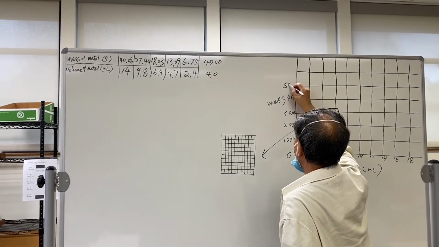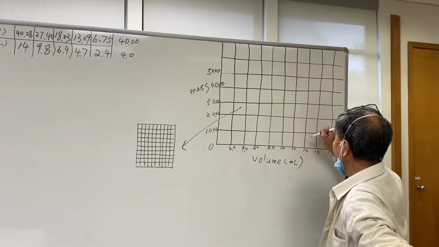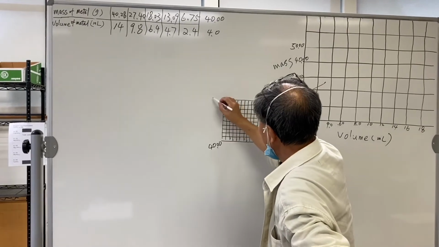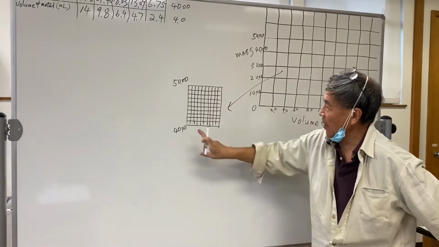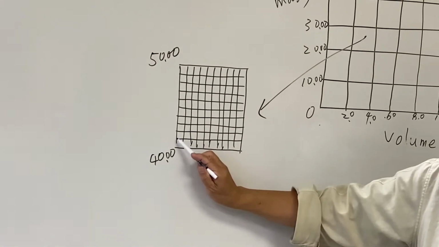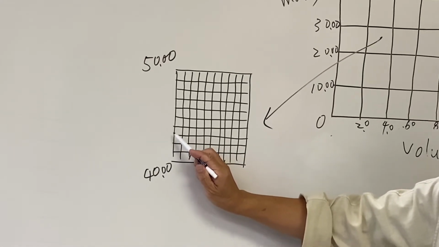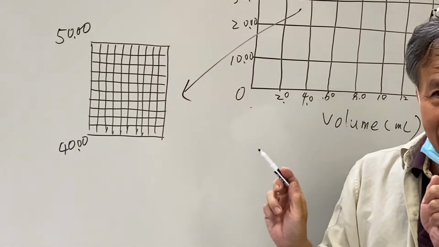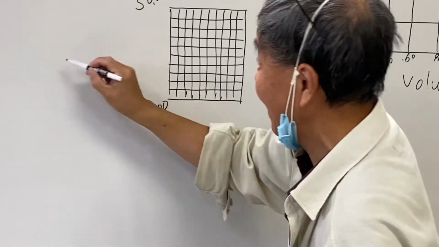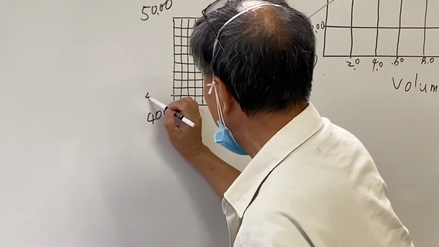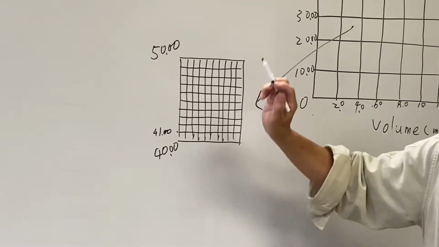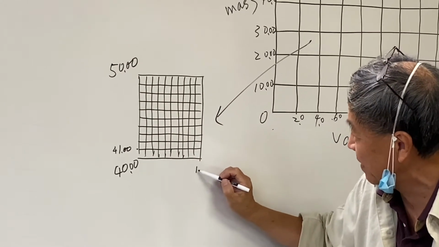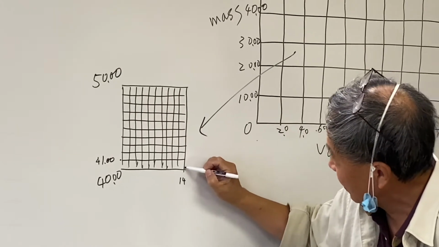If this is 40, this is 50, right here should be 41, 42, 43, 44. 40.28 is not 41 yet. If this is 41, your 40.28 is right here.